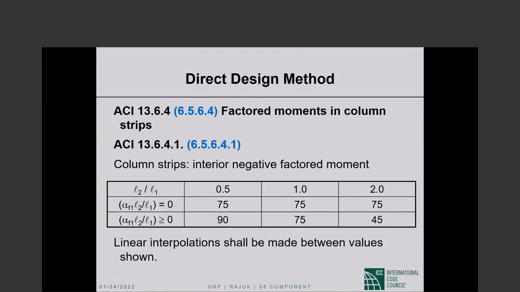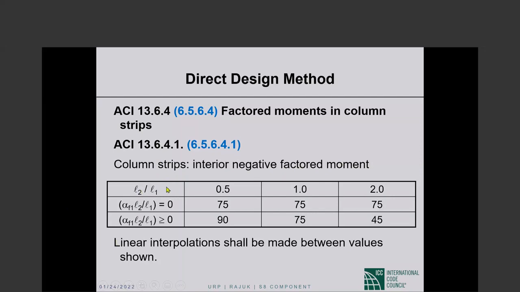So, interior negative factored moment. How much of that goes to the column strip is what this table is telling us. The total interior negative factored moment over the entire panel width, how much of it goes to the column strip? Okay.